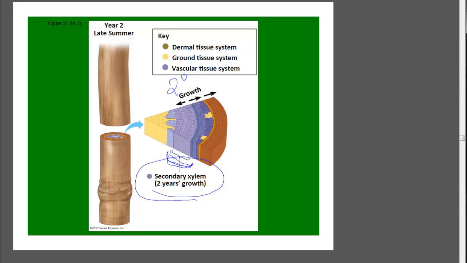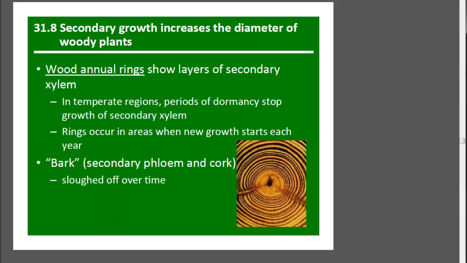You are probably familiar with this in the form of tree rings. Every year, a tree will lay down what we call a secondary xylem or annual ring that shows the process of that secondary xylem growing and getting larger and larger and larger. So it's adding to it.